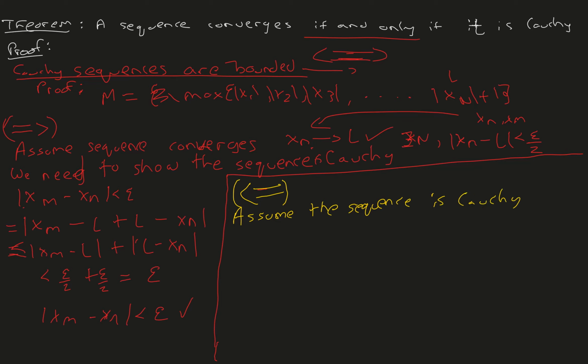So since it's Cauchy, xm minus xn being less than epsilon is true. So we need to show the sequence converges.